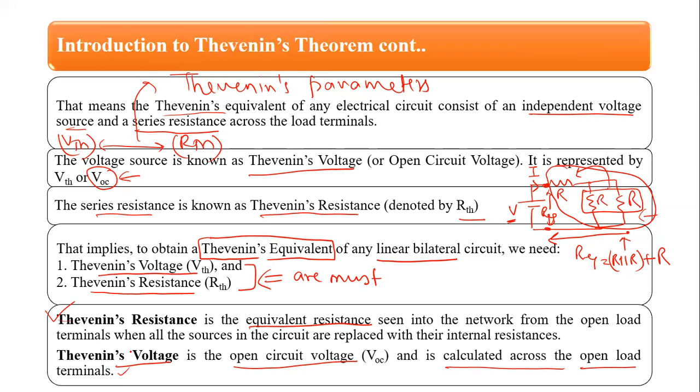That means to calculate Thevenin's voltage, we open the load terminals. If we have a resistance connected across the load terminals, we remove that load resistance and make those load terminals open.